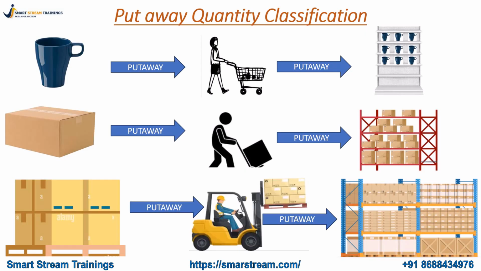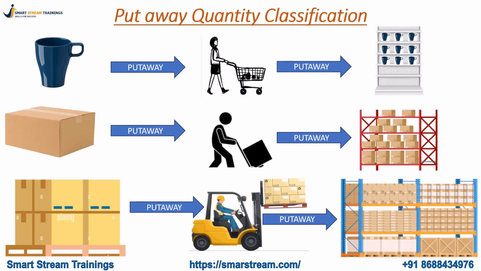Some resource will pick the product during putaway, and the system will propose one destination where the eaches, the loose products, are stored. The system will automatically propose that destination storage type or destination storage bin, based on the quantity classification in which the product was received. Based on that, we can direct the product to some specific storage type in our warehouse.